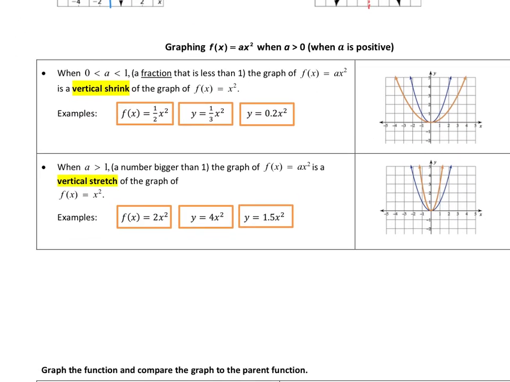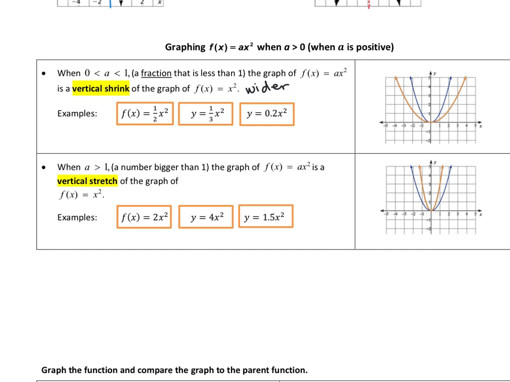Graphing f of x equals ax squared when a is greater than 0, or when a is positive. When a is a fraction, you have a vertical shrink. When your graph is a vertical shrink, your graph gets wider.